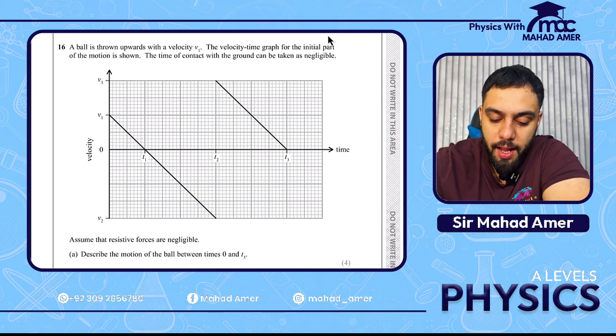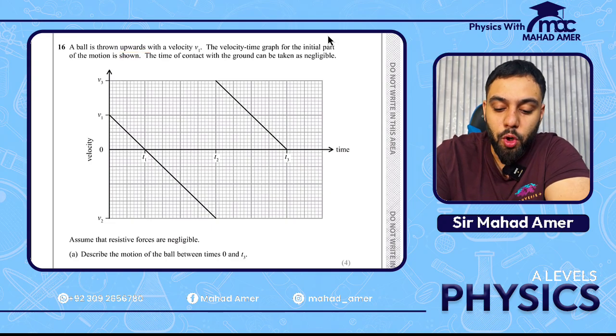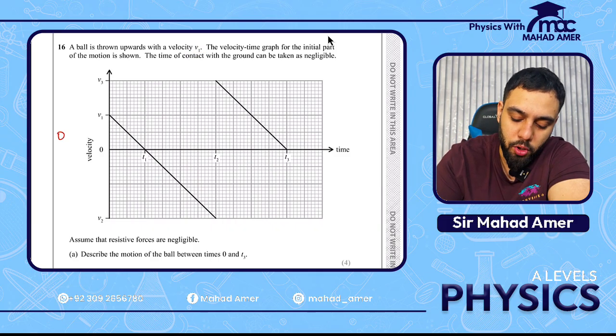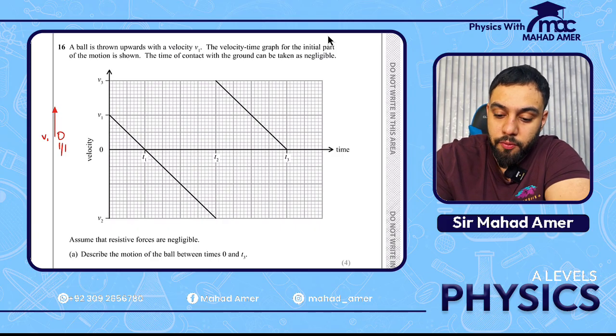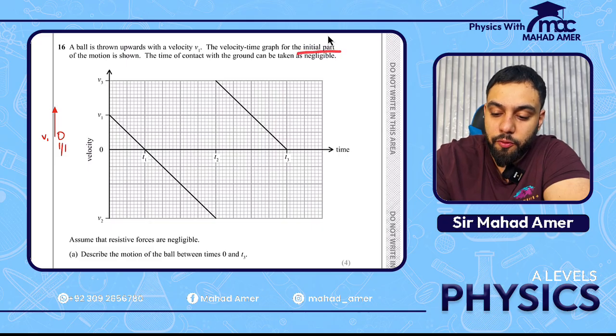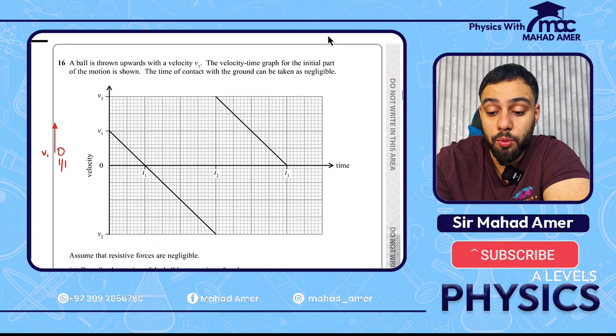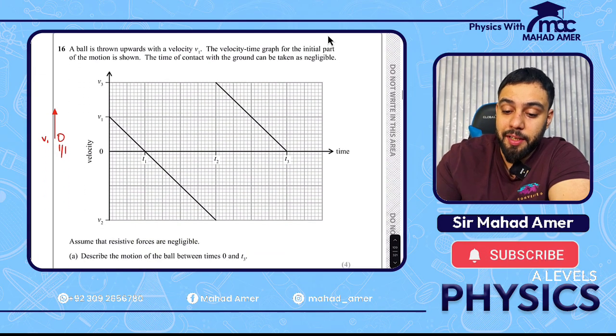Okay. A ball is thrown upwards with the velocity v1. So, relax. There's a ball that's going upwards and it has got a velocity v1. The velocity time graph for this initial part of the motion is shown. The time of contact with the ground can be taken as negligible.